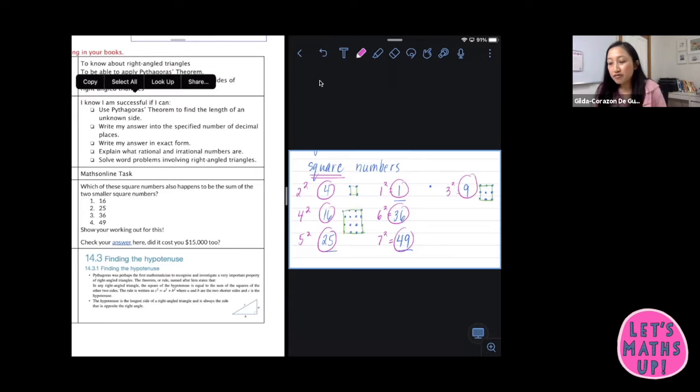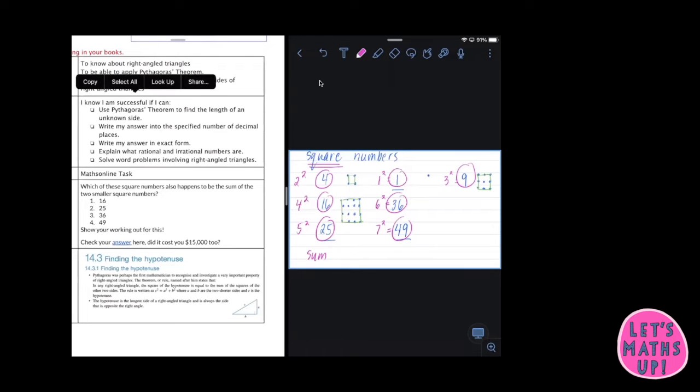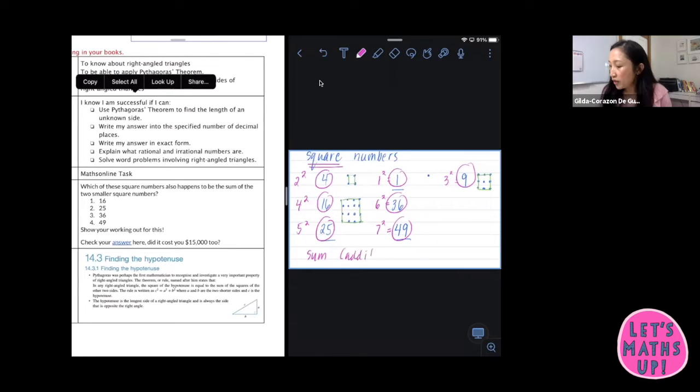Now, which of these square numbers also happens to be the sum of the 2 smaller square numbers? When you say sum, what's the operation? Addition, right? So when you add 2 square numbers, you end up with one of these.